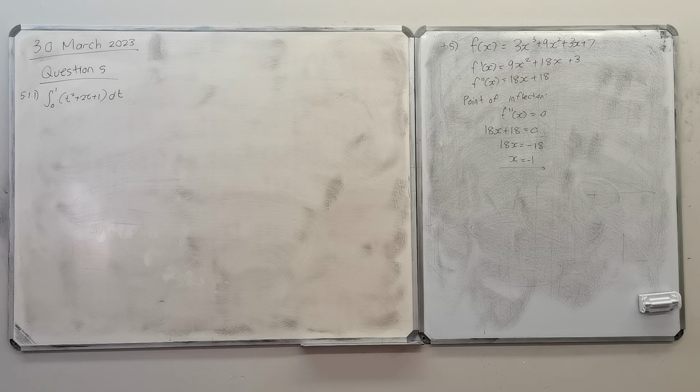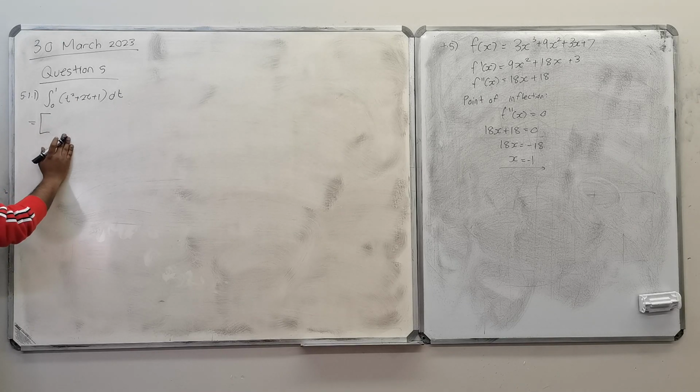How would you do it? Remember you've got your upper and lower limits, right? So what's the first thing you do? You will integrate the function, right? So you're integrating t squared first.